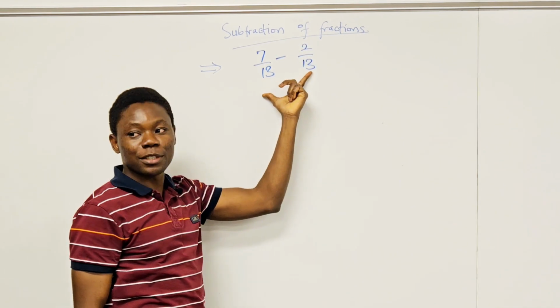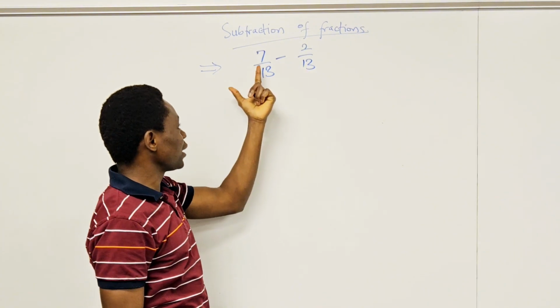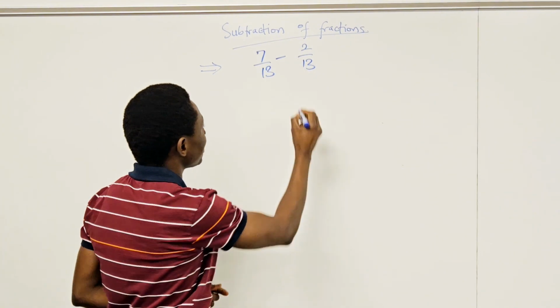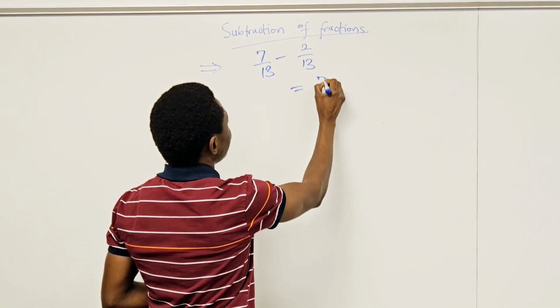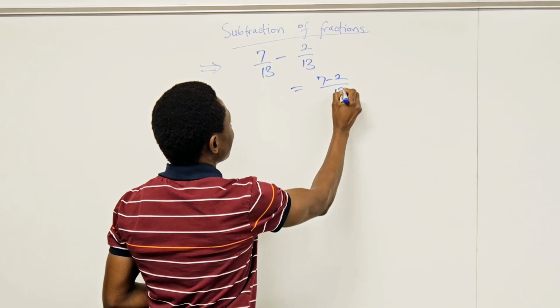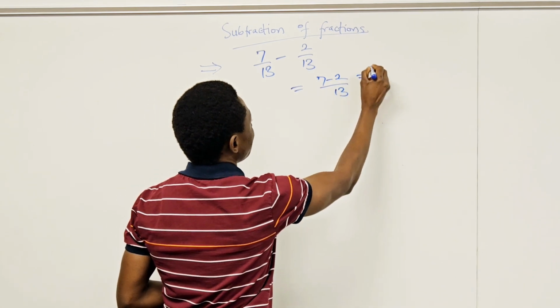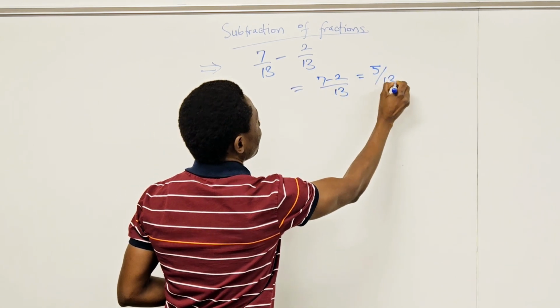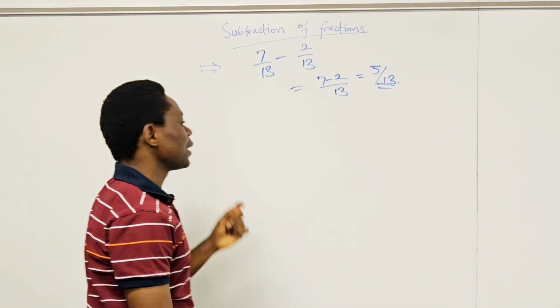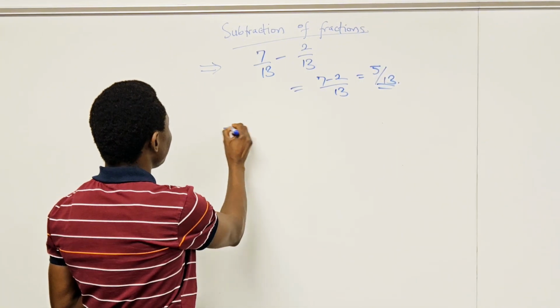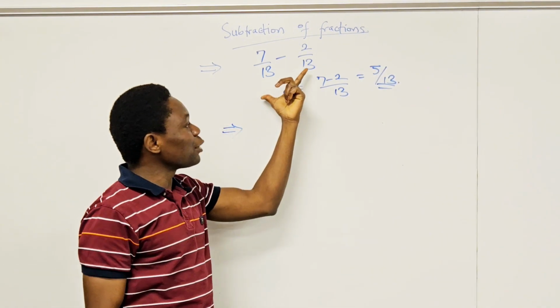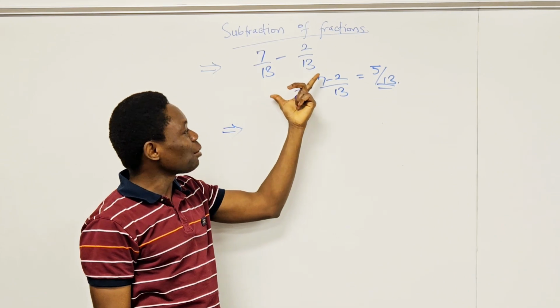They have a common denominator of 13. So, you just need to subtract the numerators, and that gives us 7 minus 2 everything over 13, which is 5 over 13, right?